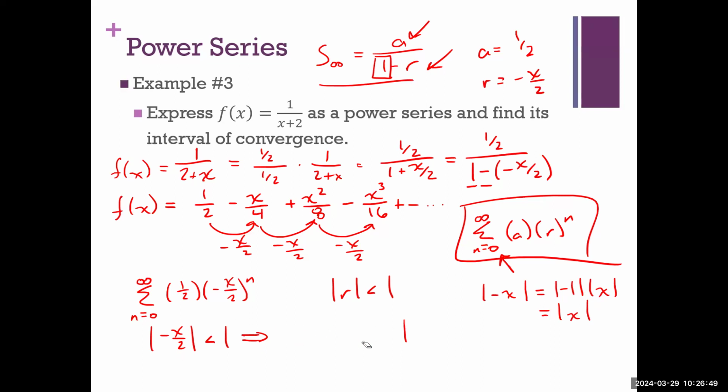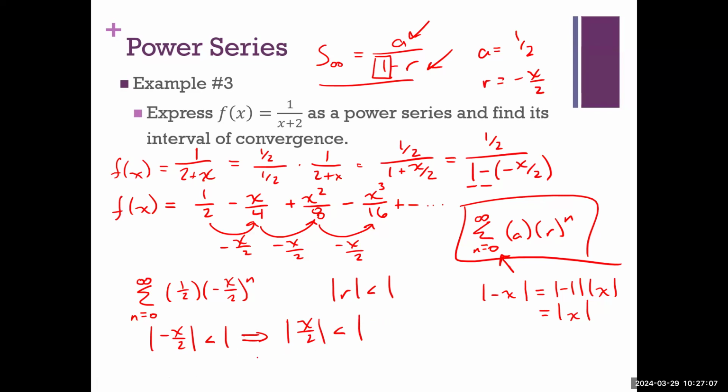So why don't I put one more step in here? If the absolute value of negative x over 2 is less than 1, then the absolute value of x over 2 is less than 1. Is that fair?